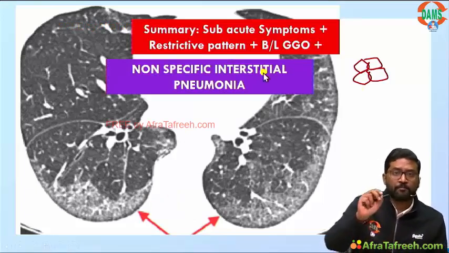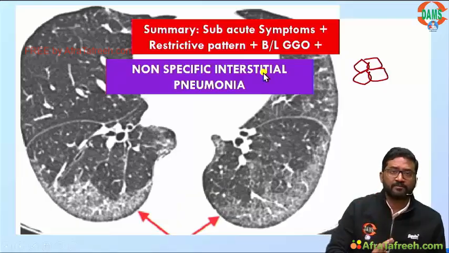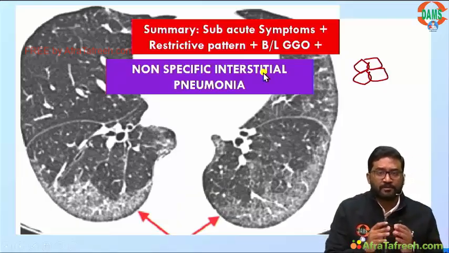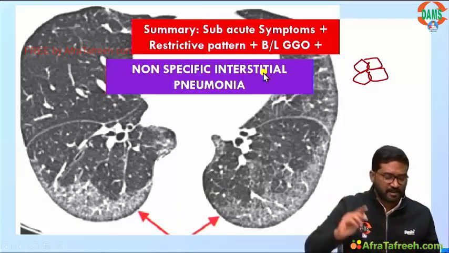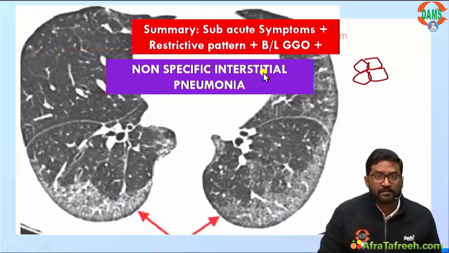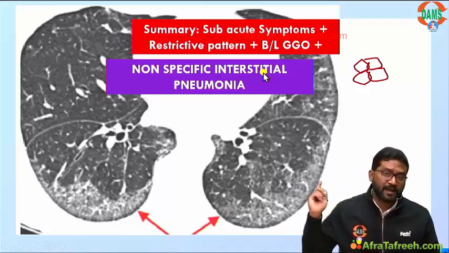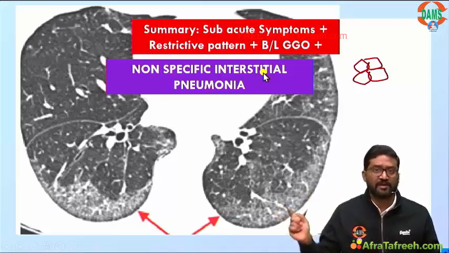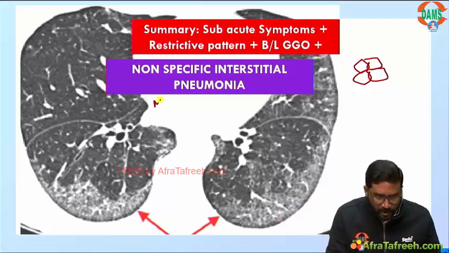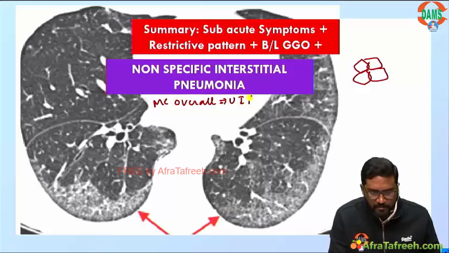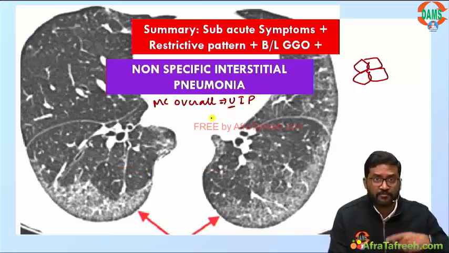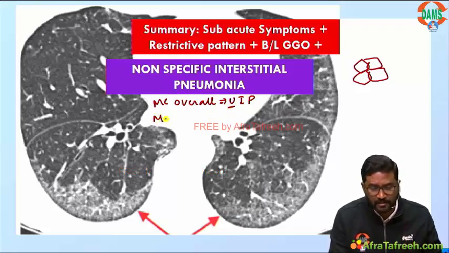Then what is the most common ILD pattern routinely? Which pathology? Because it is happening usually, it was called usual interstitial pneumonia. Usual interstitial pneumonia is the most common pattern overall. But in connective tissue disorders, it is NSIP.